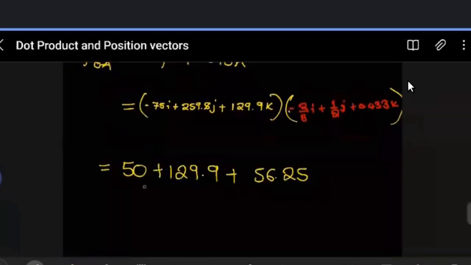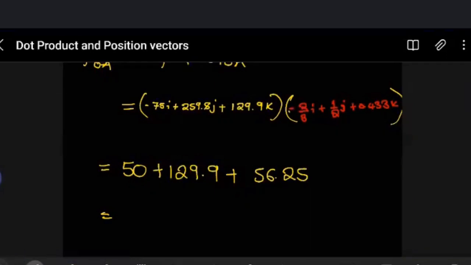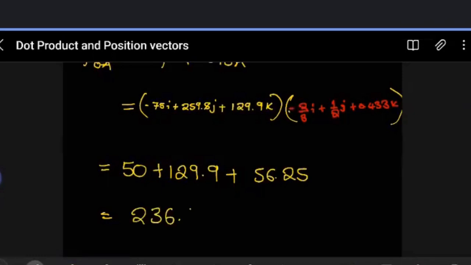Notice that these don't have direction. There's no I, there's no J, there's no K. The dot product of two vectors is a scalar quantity. So when you add this, what do we get? We get 236.15.